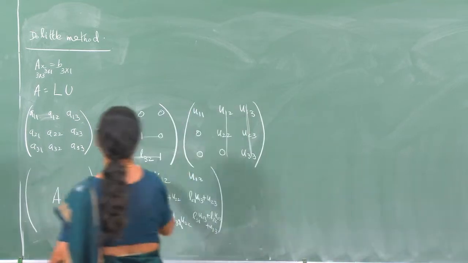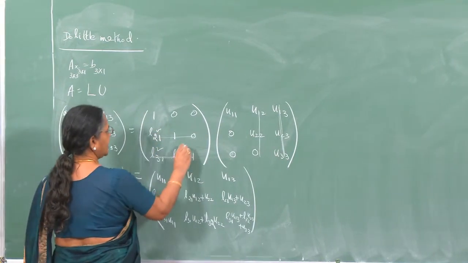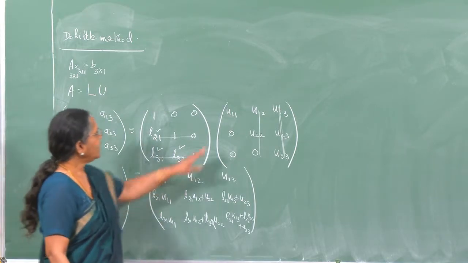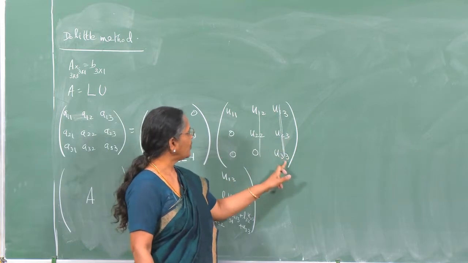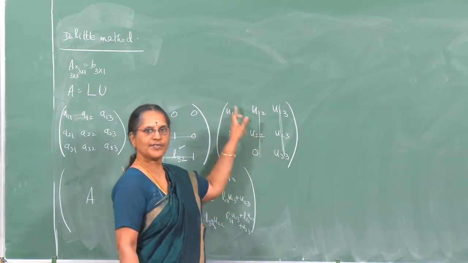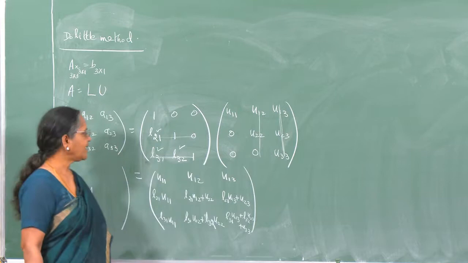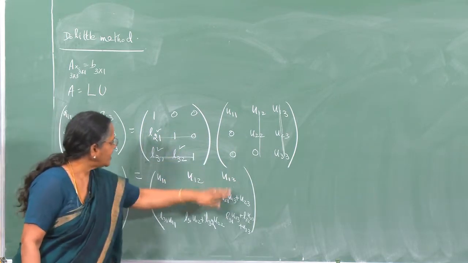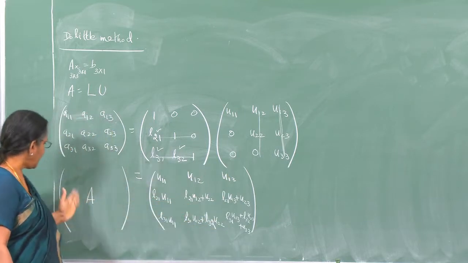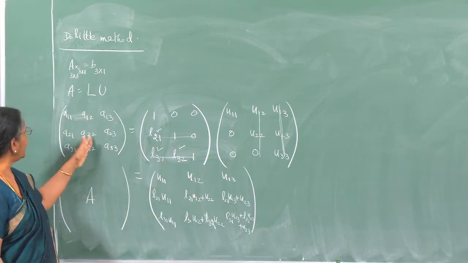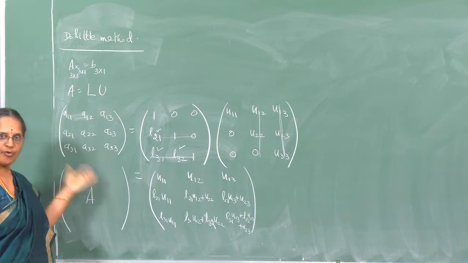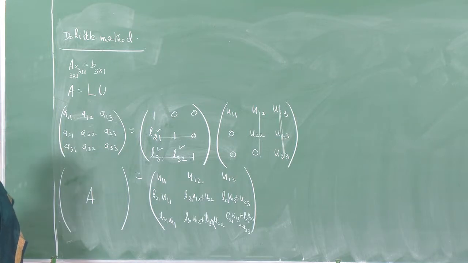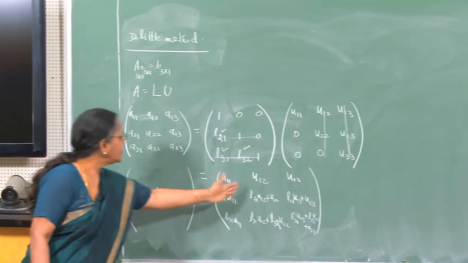What are the unknowns? There are 1, 2, 3 unknowns appearing in the lower triangular matrix, and there are 3 plus 2 plus 1, so 6 unknowns appearing in the upper triangular matrix. Totally there are 9 unknowns, and we have 9 entries here which can be equated to the corresponding entries in the A matrix which are known to us.